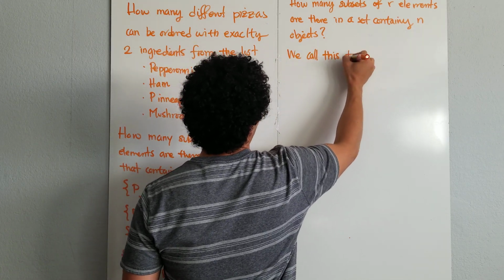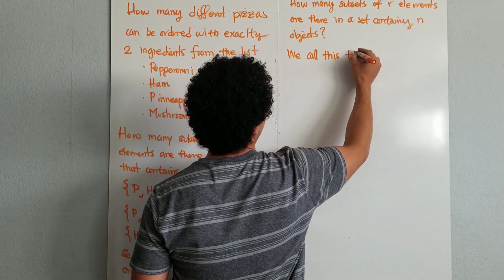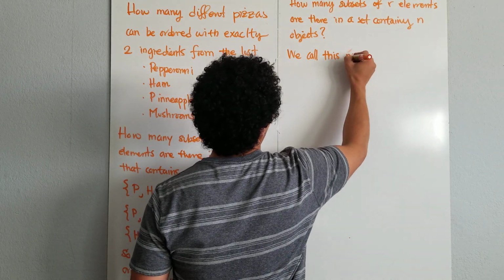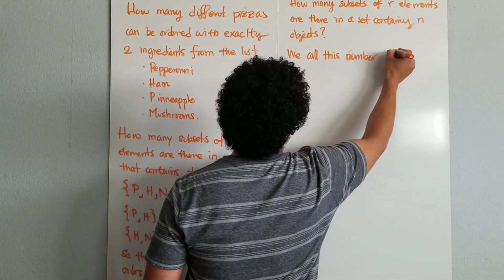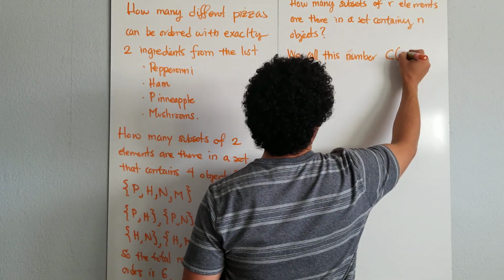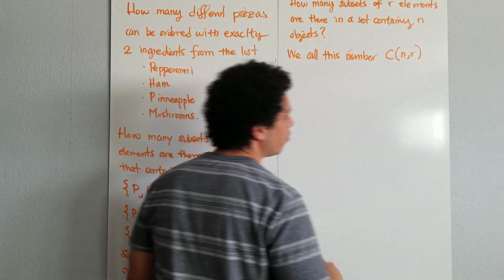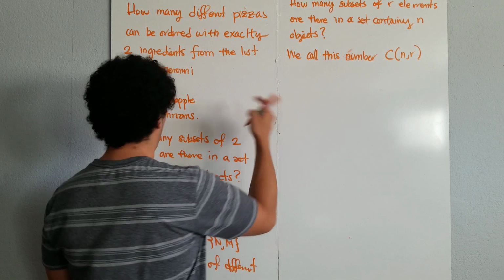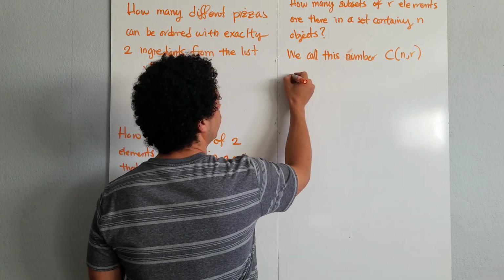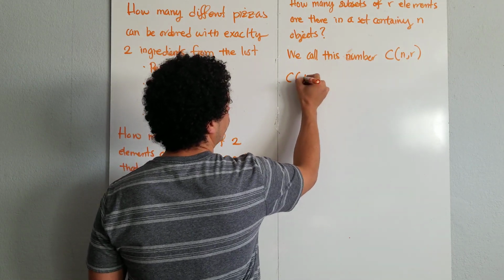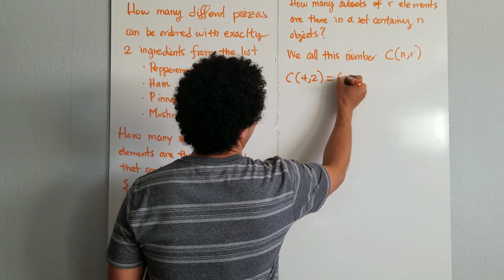We call this number C(n, r). So, for example, we have that C(4, 2) is 6.